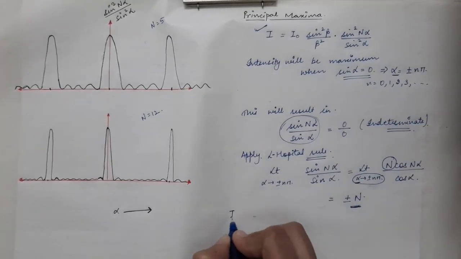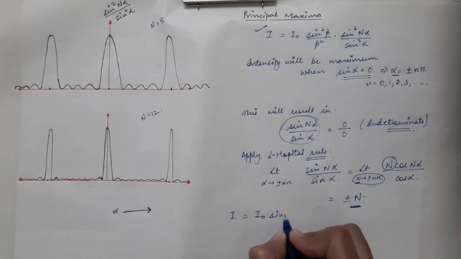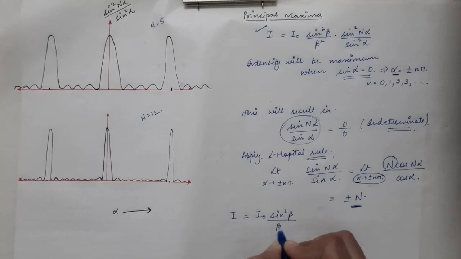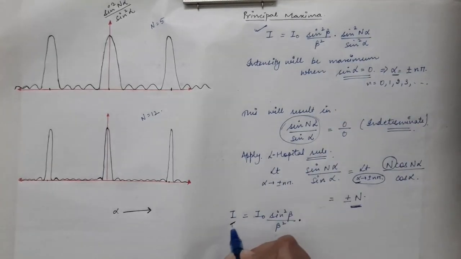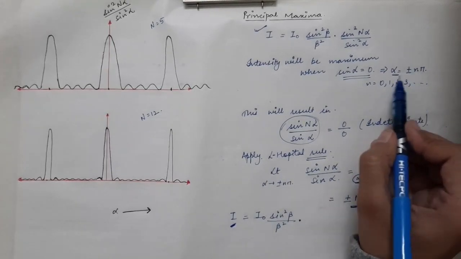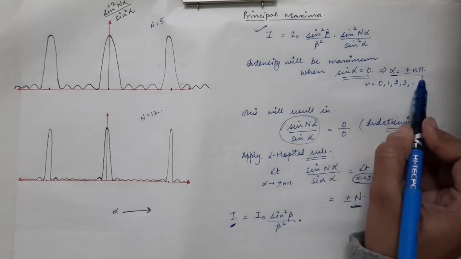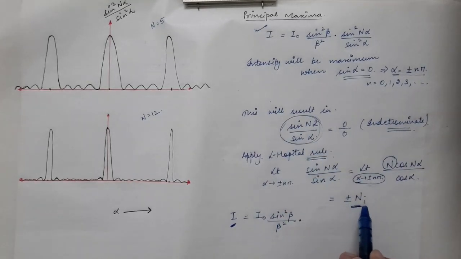So in that case the intensity will be equal to I0 into sine square beta divided by beta square into, now we are finding the intensity only when alpha is equal to plus minus n pi. For only these values of alpha, this fraction takes a value of plus minus n.